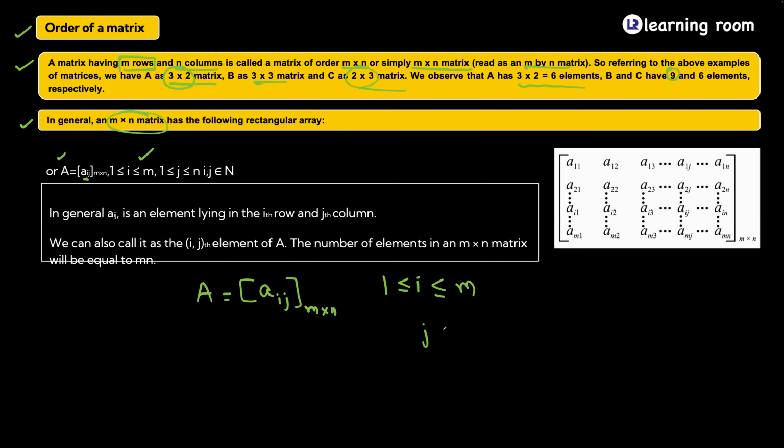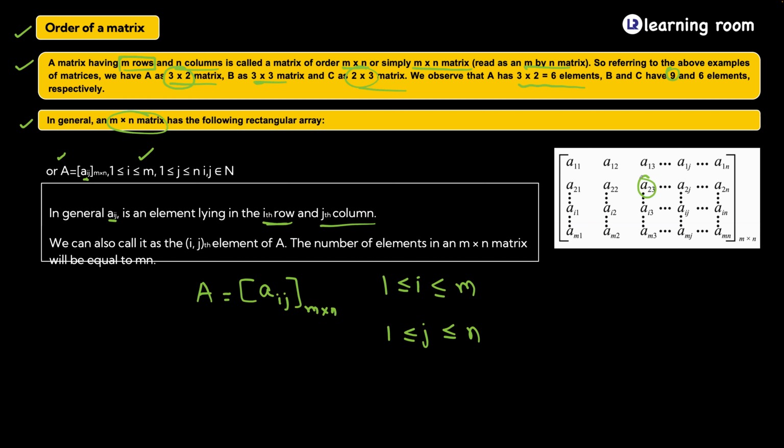I hope this point is clear. Now, in general, if you write aij, it is the element lying in which row? It will be in the ith row and the jth column. For example, if I want a23, what is the meaning of it? The element in the second row, third column.